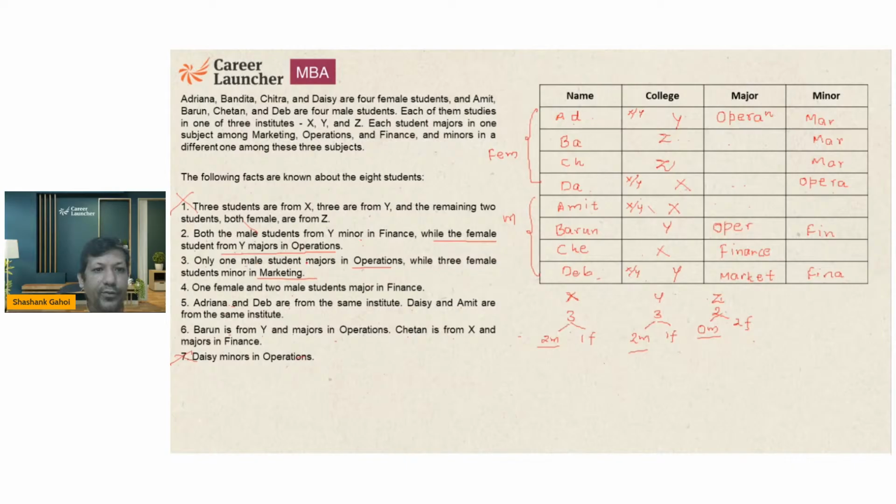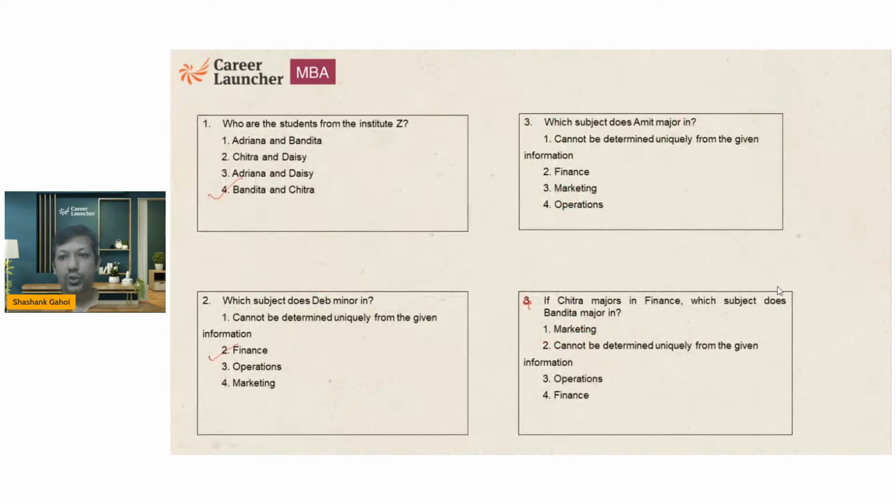Only one of the male students majors in operation, three in marketing. One female student and two male students major in finance. So basically, Amit must be majoring in finance only. So I missed that out. So the answer of this question is going to be finance.